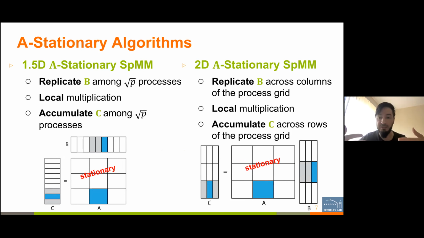They first replicate the input dense matrix, then perform some computation, and then accumulate the output dense matrix. The difference is that the 1.5D algorithm performs this process in a single stage, whereas the 2D algorithm performs this process in multiple stages. To be exact, the number of stages here is square root of P.